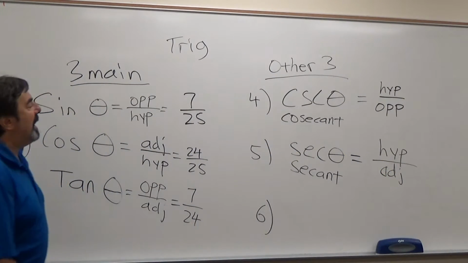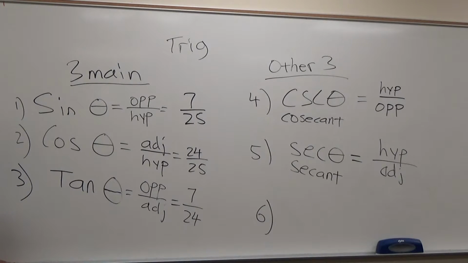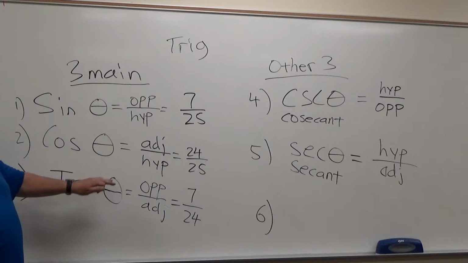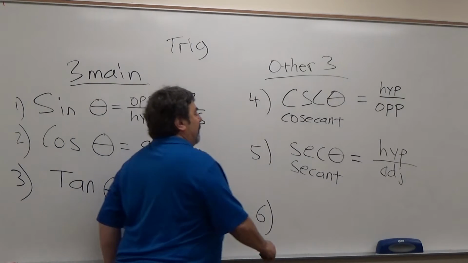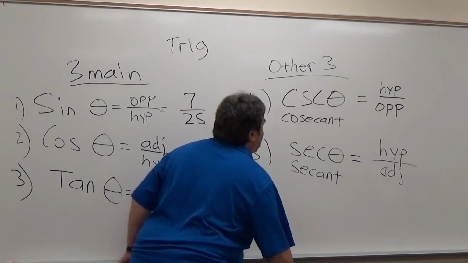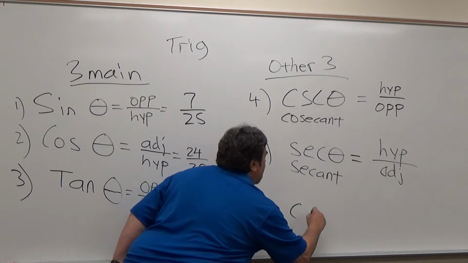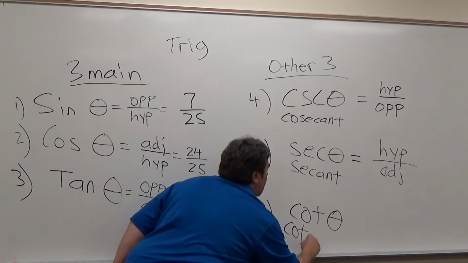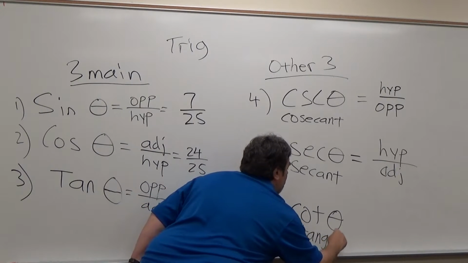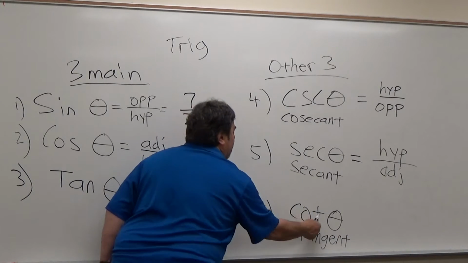Okay? And lastly, we're down now at the tangent. The reciprocal function of the tangent function is the cotangent function, and that's abbreviated COT. And it's read as cotangent.